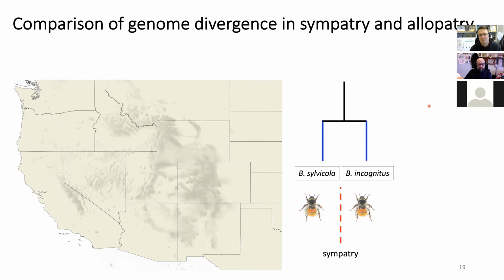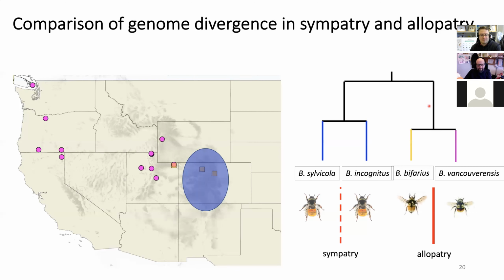So what we have in our situation is a couple of fairly closely related species that are found in sympatry, and we're able to compare the genome variation in these two species. Those we collected in Colorado. But then we also wanted to have a control, and we were able to get some published data of another pretty closely related pair of species, which are found in allopatry.